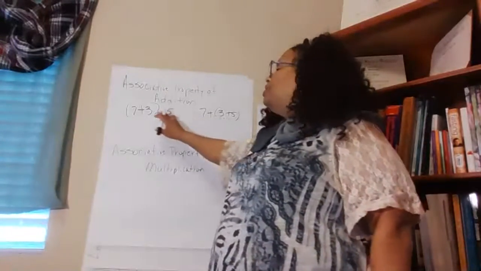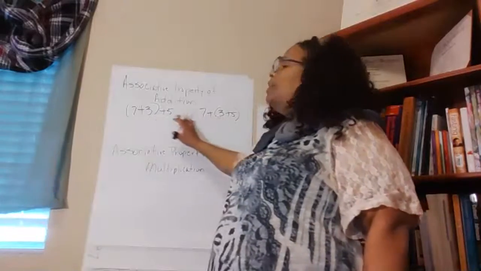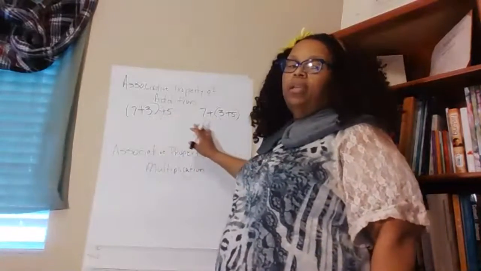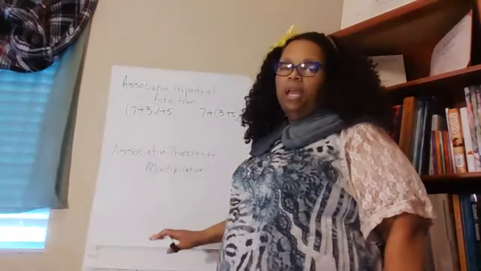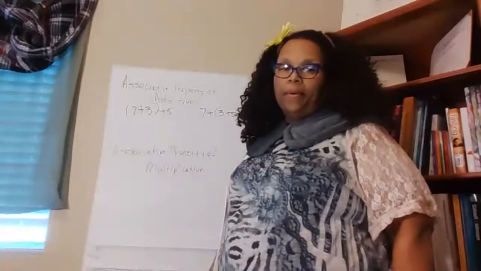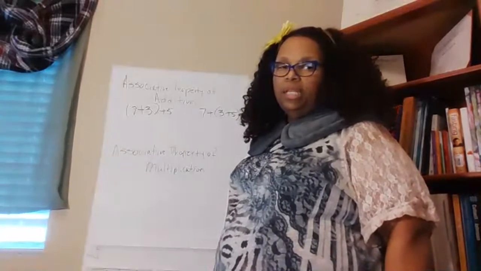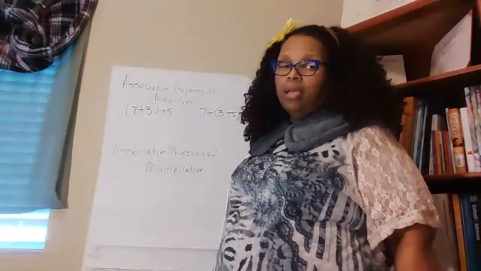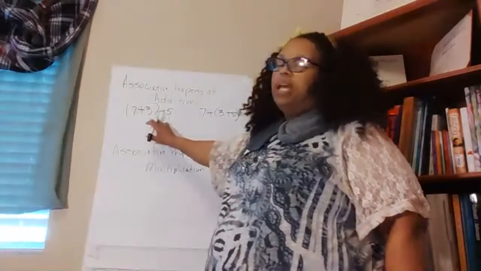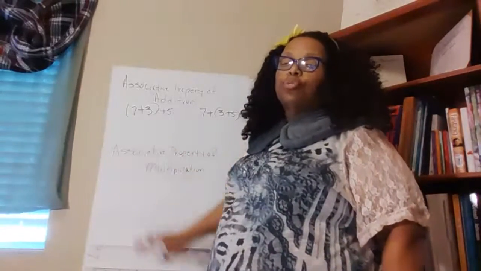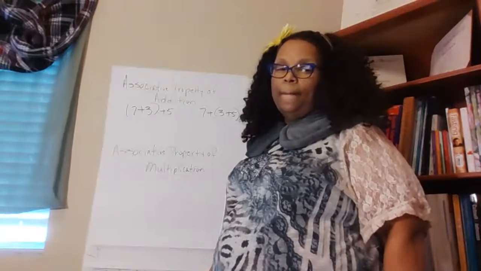This is associative properties. They're associating themselves differently, but they're the same set of numbers. Do you see that? They look just alike, except the first set of numbers has 7 plus 3 in parentheses.